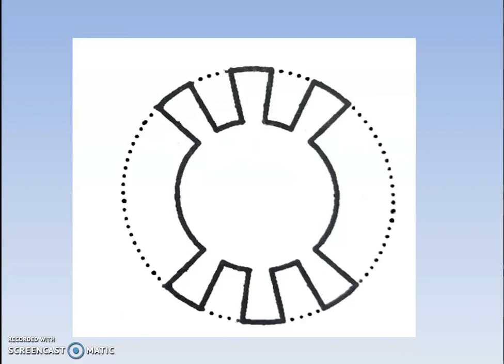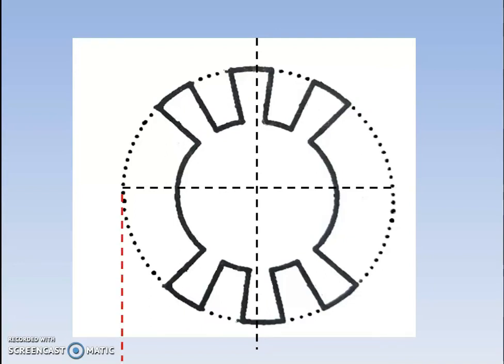So this is our rotor. At outer periphery we have slots and teeth. Let us see how to calculate width of the rotor teeth. So this is the rotor diameter. We have stator diameter minus the air gap, so we get the rotor diameter.